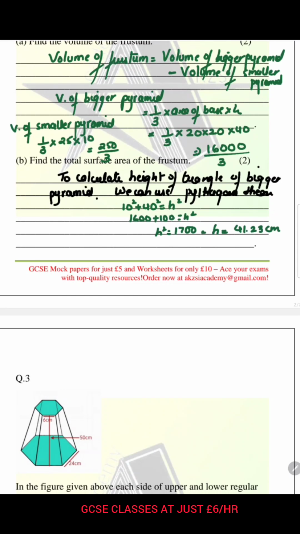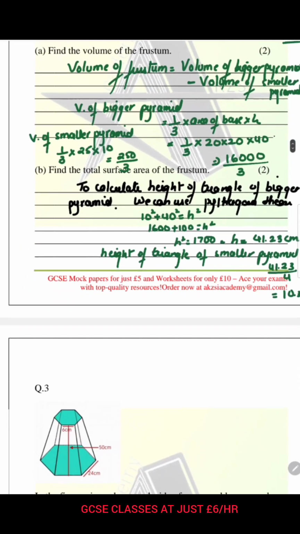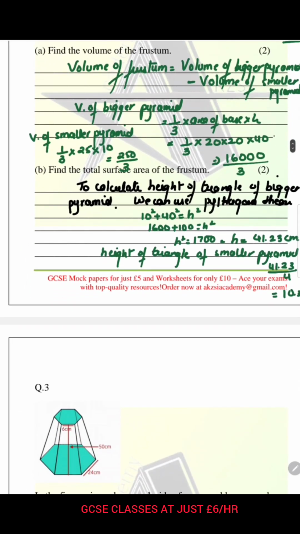So then I can say that the height of the triangles of the smaller pyramid will be 41.23 over 4, which is equal to 10.31. So this means the height of the trapezium of the frustum is clearly, you need to subtract it.